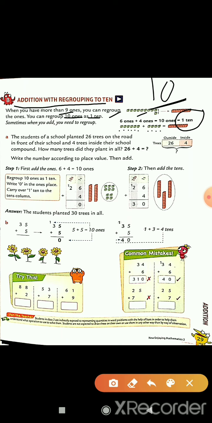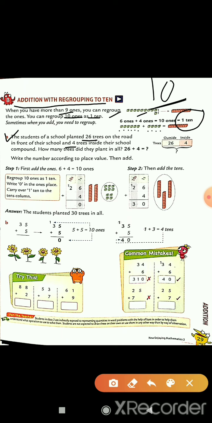Let us take an example. The students of a school planted 26 trees on the road in front of their school and 4 trees inside their school compound. How many trees did they plant in all?